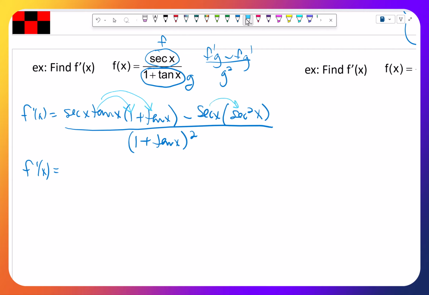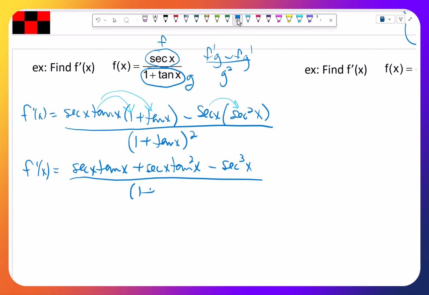I'm going to multiply those together and get rid of the parentheses. So secant tangent times 1 is secant tangent. And secant tangent times tangent is secant tangent squared, minus secant times secant squared is secant cubed, all over 1 plus tangent x squared. Okay, well, it's looking better. It really is looking better.